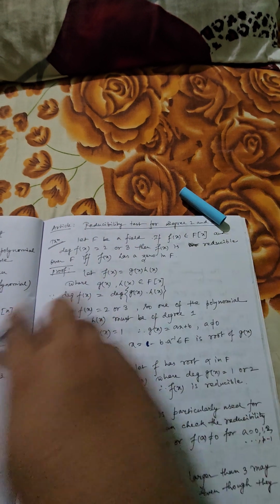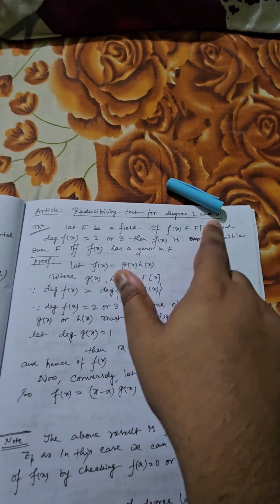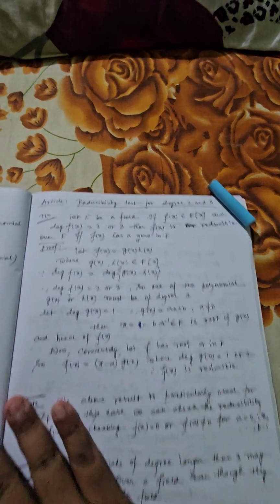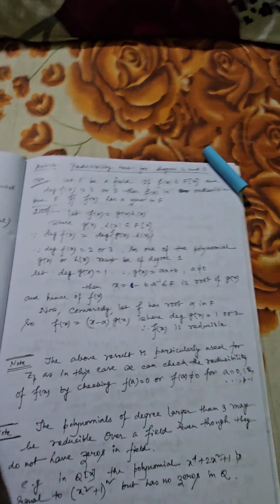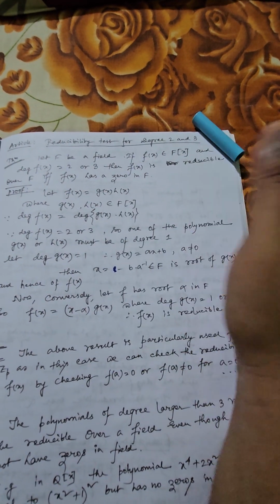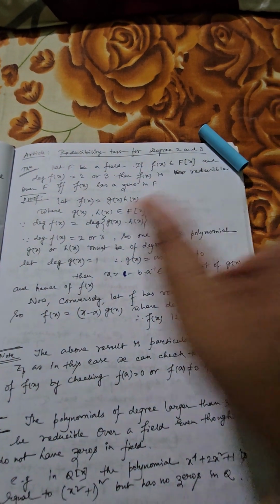Now there is a very important result related to reducibility corresponding to any polynomial having degree 2 or 3. Again I will say I am not giving the detailed proof of this result, because proofs are not important for competitive exams. Simply I am giving the outline of the proof.